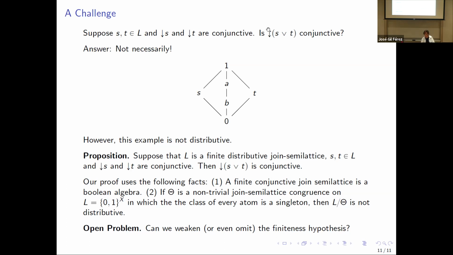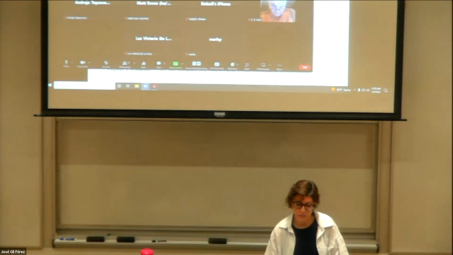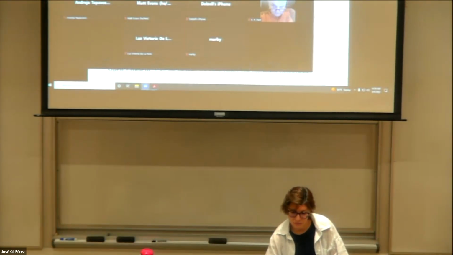I think that this idea of considering distributive join semilattices came from people in the 60s, I think, that were interested in understanding a conjecture about the representability of algebraic frames as congruence lattices.